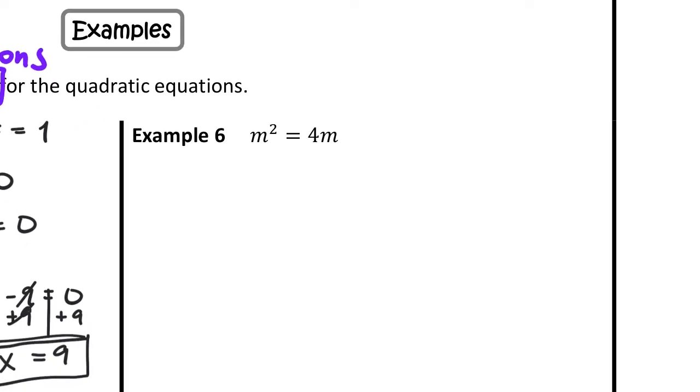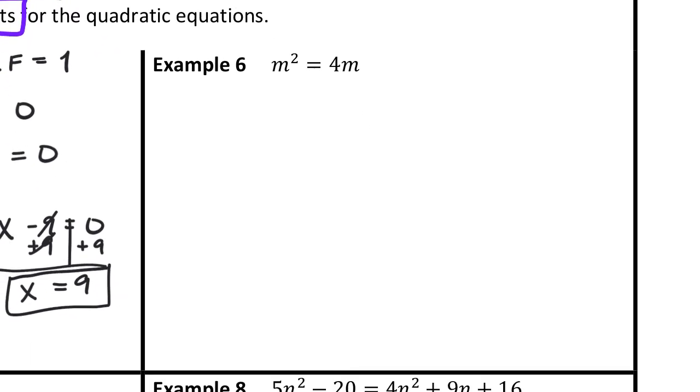Let me slide back over to example 6. So I'm going to move the 4m to the left by subtracting 4m on both sides. On the left side, I get m squared minus 4m equals 0.